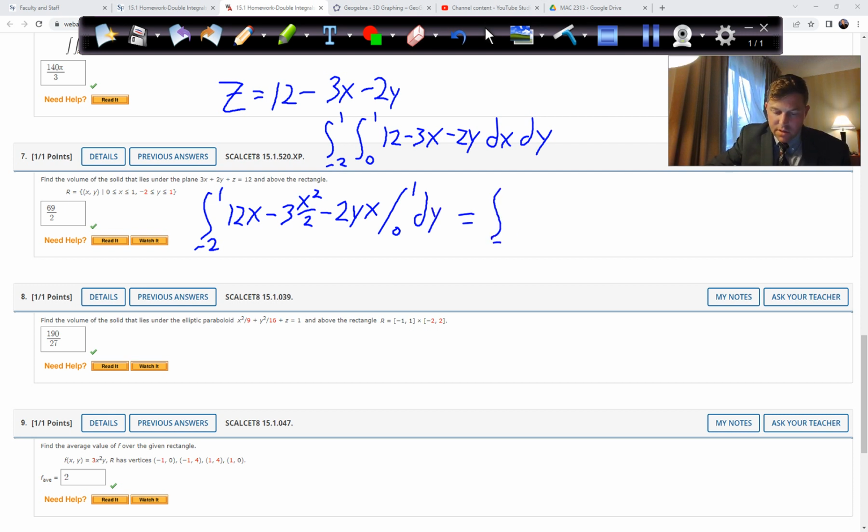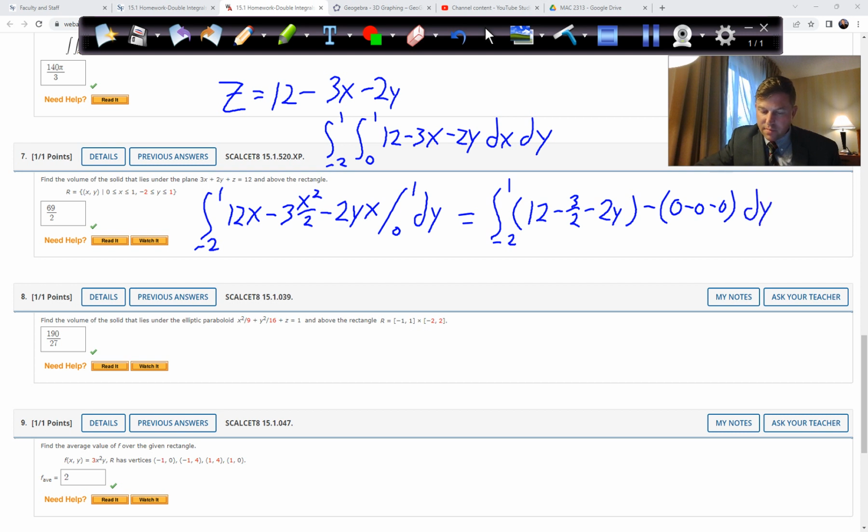This is going to give us minus 2 to 1. Plug in 1 for x, so we get 12 minus 3 halves minus 2y minus, plug in 0 for x, and every term goes away. So 0 minus 0 minus 0 dy.